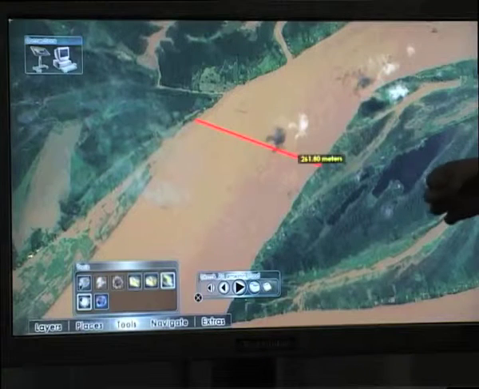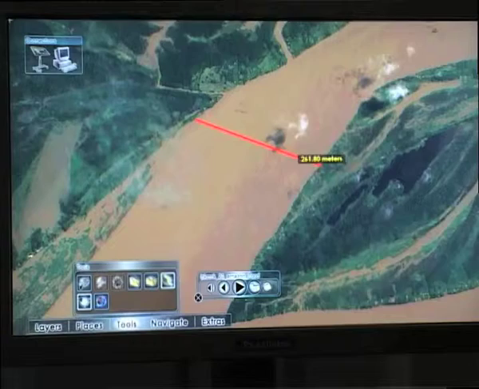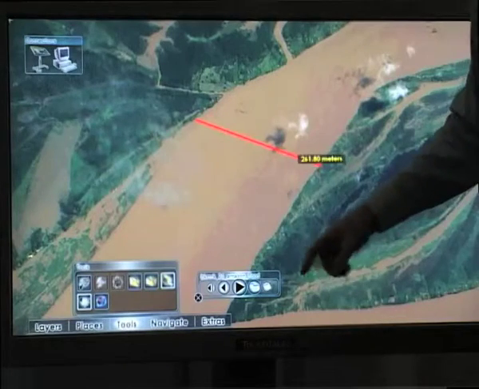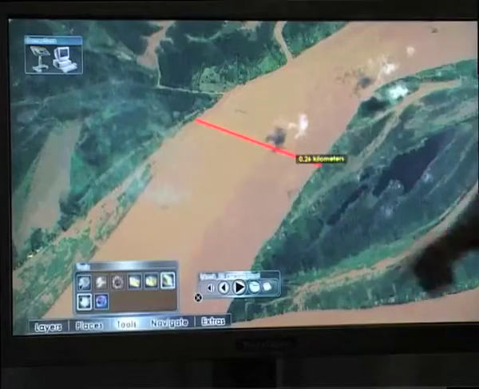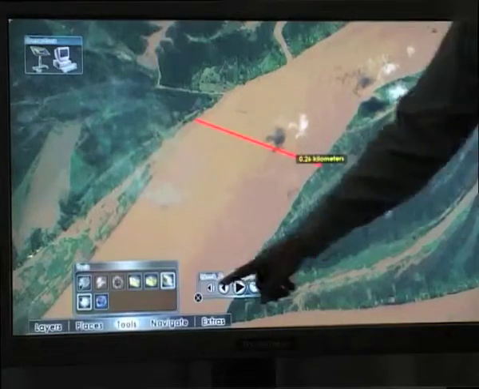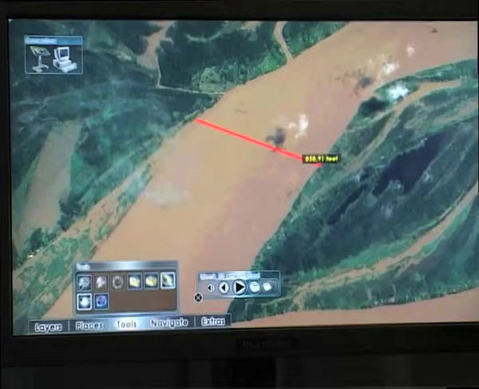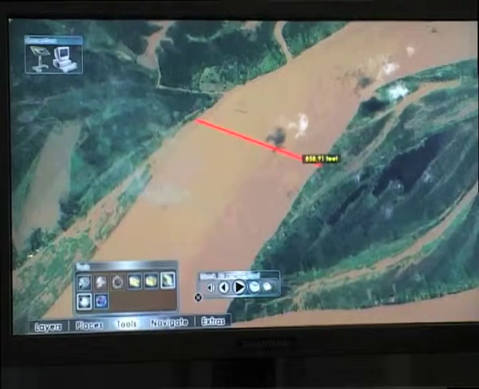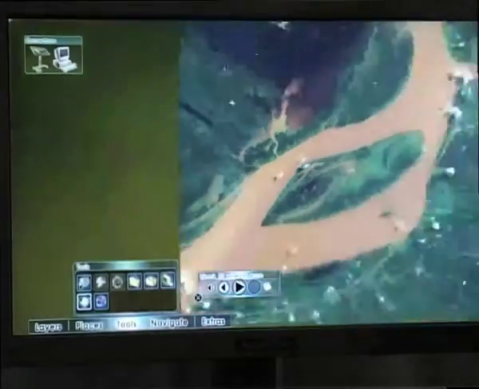How long is that road that you need to drive down to get to a certain location? And if you don't like meters, you can change it to kilometers. And if you don't like kilometers, you can change it to feet if you want to. So we can have the option of changing this all over.